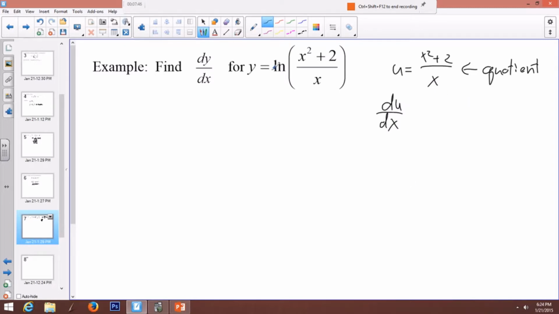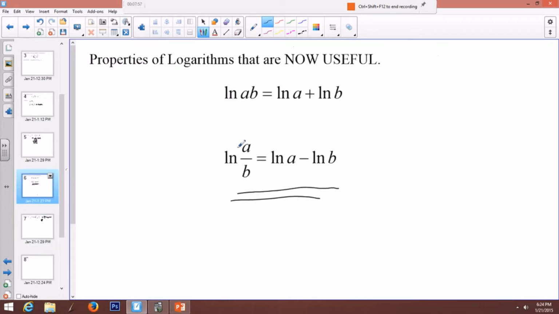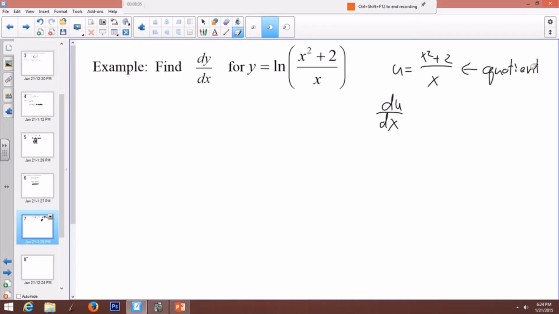And that makes it a mess, because now I've got 1 over this times the derivative of that expression, which is a quotient. That makes it kind of ugly. But if I apply this expansion rule first, it makes my life a lot easier, a whole lot easier.